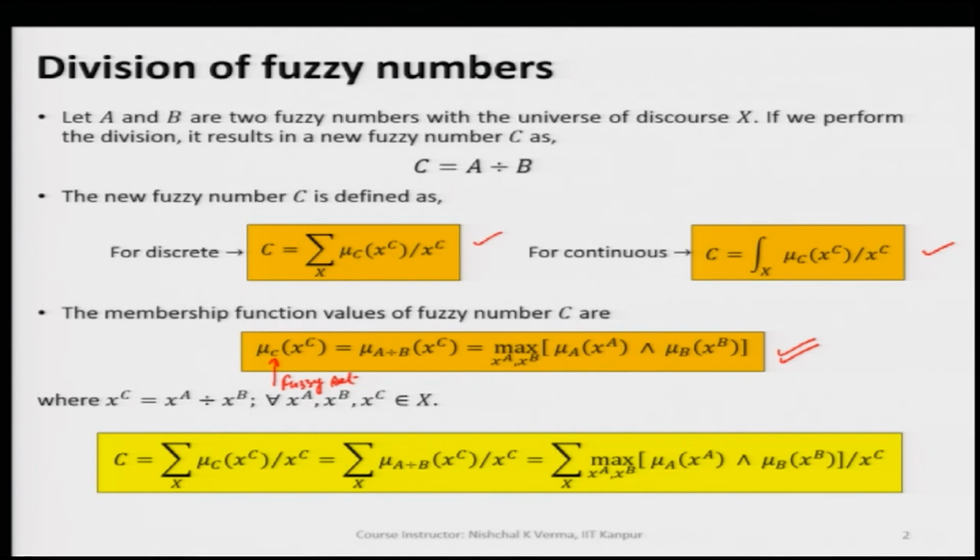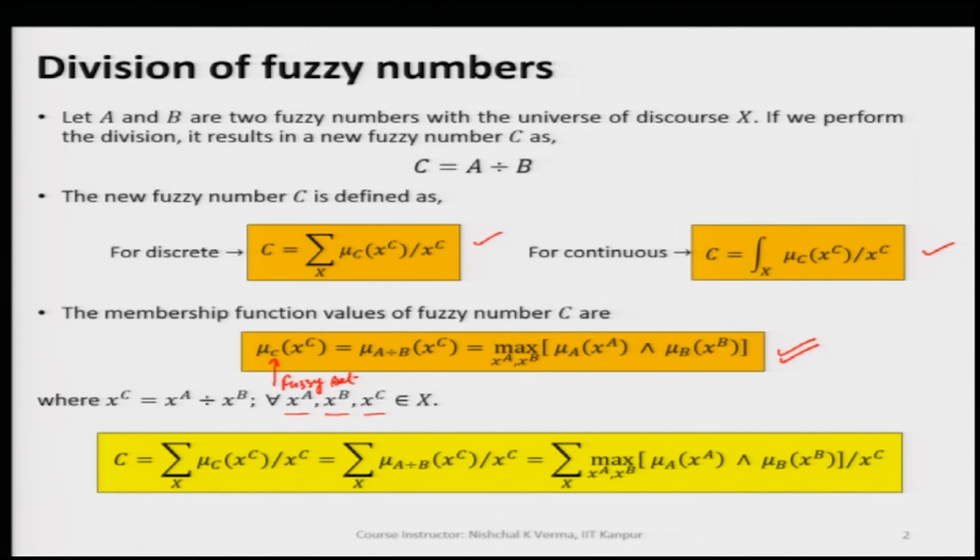What are these x A, x B and x C? These x A, x B, x C are the generic variable values coming from the fuzzy number A, B and fuzzy set C respectively. And these x A, x B, x C will be part of the universe of discourse.